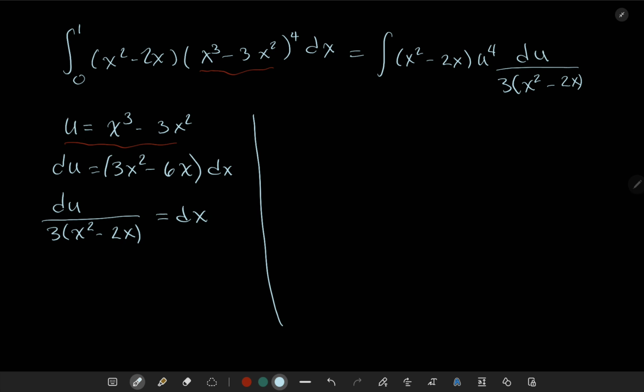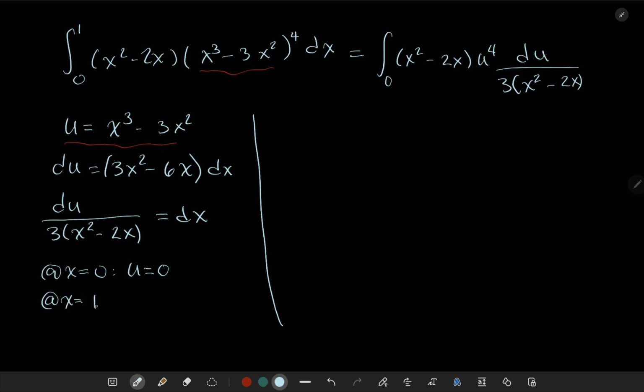So what I need to do is find what those endpoints get transformed to. When x is equal to 0, that corresponds to my integration variable x. So when I plug that into my function for u, it's 0 cubed minus 3 times 0, which is still 0. So this endpoint becomes 0.